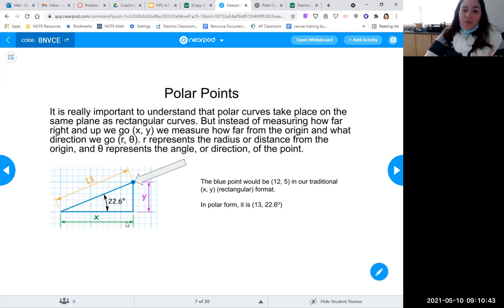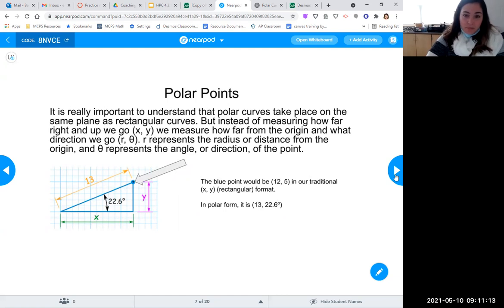But in polar form, we go R, theta instead of X, Y. R represents the radius, or the distance from the origin. And theta represents the angle at that point. Again, I want to emphasize it's the same point, but we measure it as radius and angle from the x-axis instead of x distance, y distance. Same point. 13, 22.6 degrees is located at the same exact spot as 12, 5.